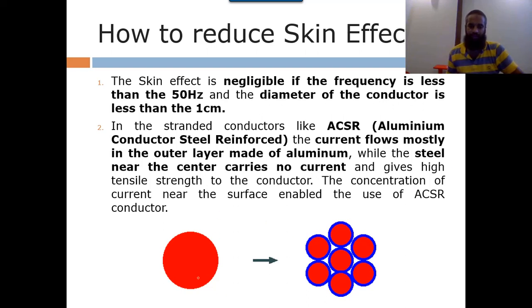For DC, we want the current to pass all over the conductor, but due to the skin effect, the current tends to flow on the surface of the conductor, and in the internal part of the conductor the current does not flow.